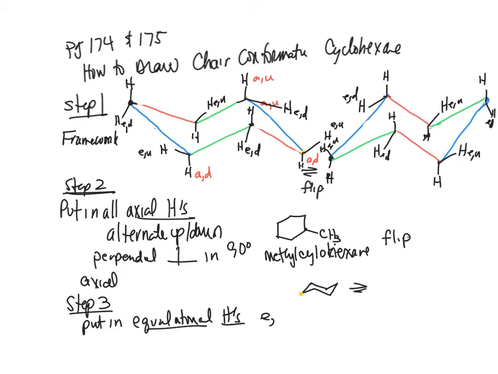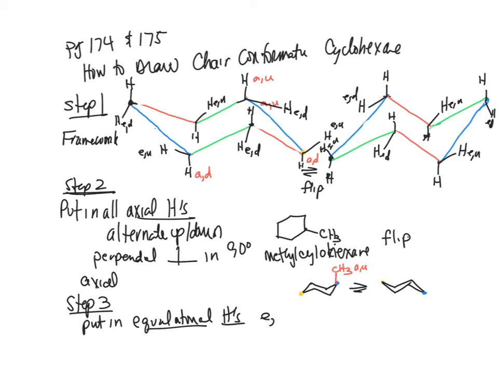This now is down, has to be up, and this corner here that's up has to be down. So then you draw like that. All right. Now you put your methyl in here. If you want to put your methyl, CH3, up, okay, now it's on the blue. So that is axial up. Okay, because if you put in your hydrogens, you could go and put your hydrogens in here for each one of them.